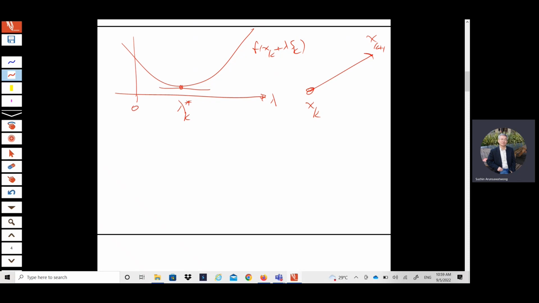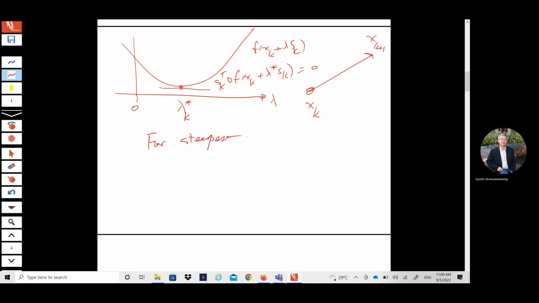So what is the slope at this point? The slope at this point is sk transpose grad f of xk plus lambda star sk, and this is equal to 0. And what is the sk for the steepest descent method? sk equals minus grad f xk, right?